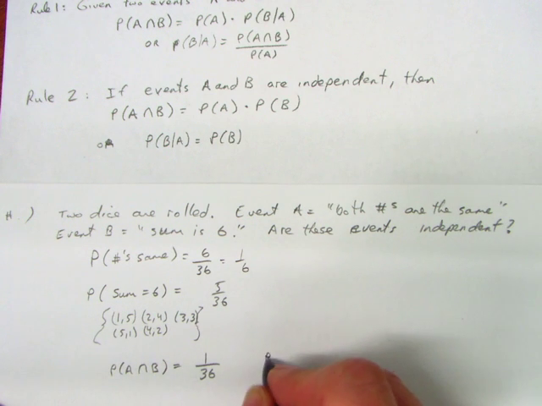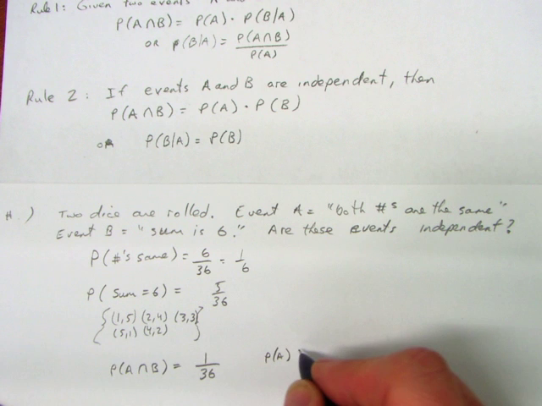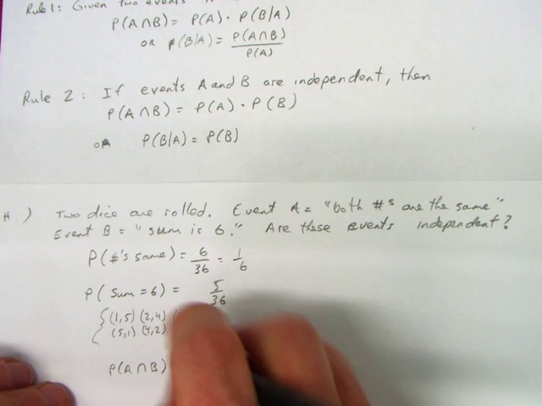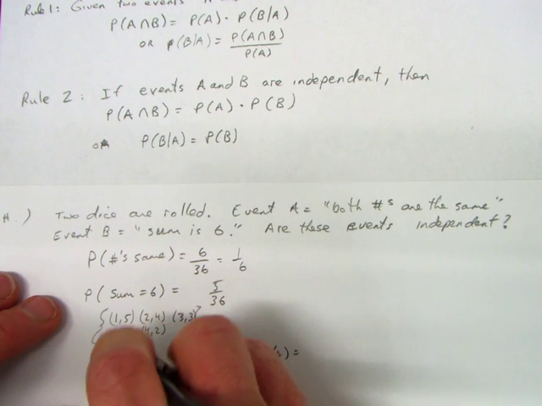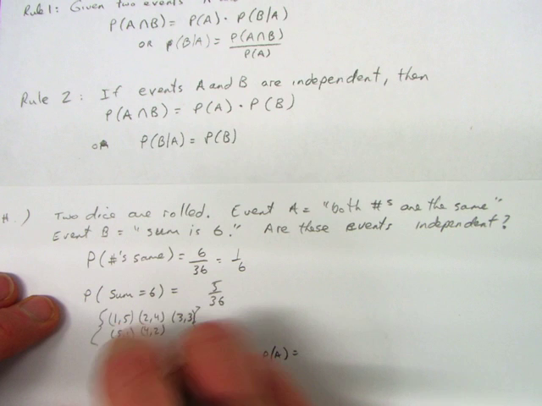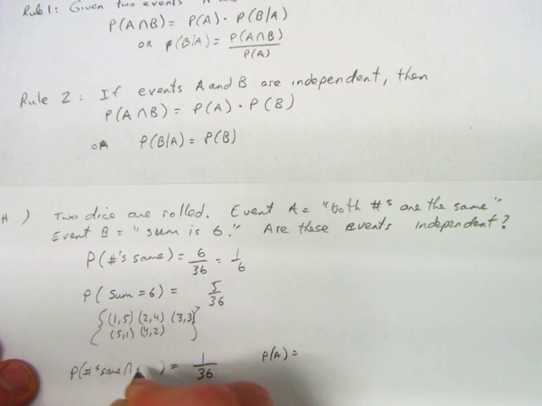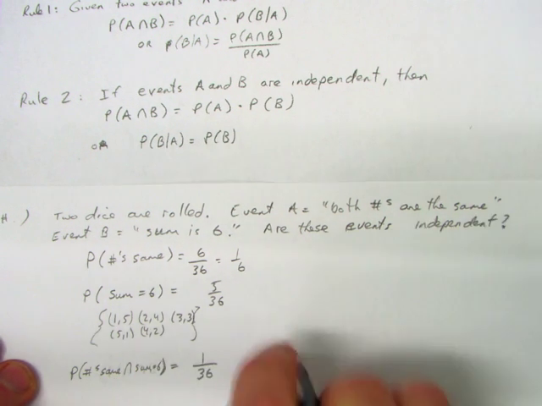We can take a look now at the probability of A. Instead of saying A, I actually should rewrite these and use them for the problem that we're dealing with here. So the probability the numbers are the same and the sum equals 6.